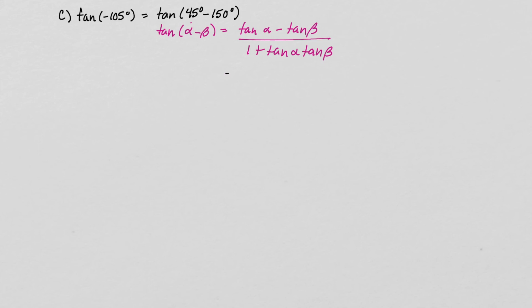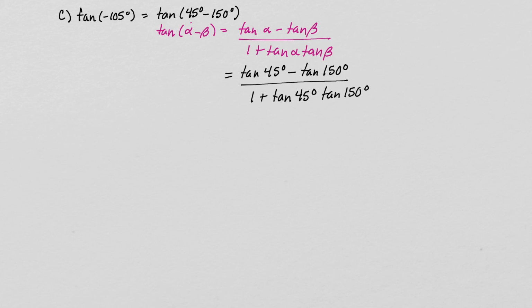So if we plug in here, that's going to be the tangent of 45 degrees minus the tangent of 150 degrees divided by 1 plus the tangent of 45 degrees times the tangent of 150 degrees. The tangent of 45 degrees is 1, so 1 minus the tangent of 150 degrees, which is 1 over the square root of 3, all divided by 1 plus 1 times 1 over the square root of 3.